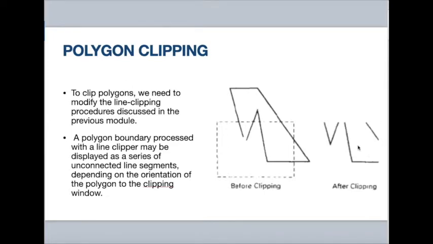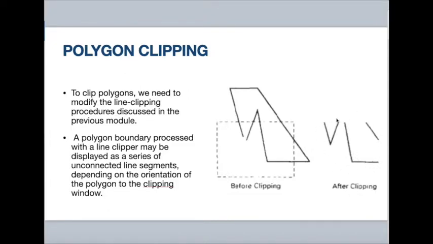So this is a figure in which a polygon is clipped using line clipping algorithms. When you are using line clipping, the line segments are displayed as unconnected line segments like this.